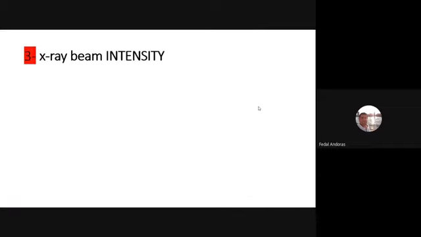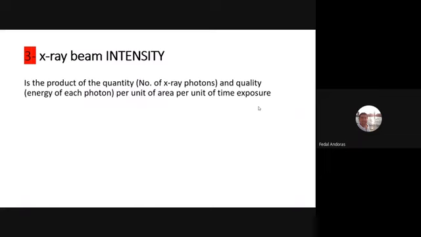Now, intensity. What do you mean by X-ray beam intensity? It's the product of the quantity, the number of photons, which is governed by the mA, and the quality, the energy of each photon, per unit area, per unit of exposure time. So intensity depends on both quality and quantity.